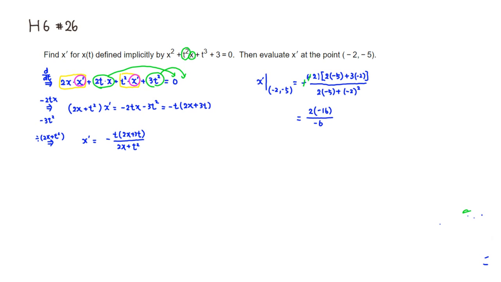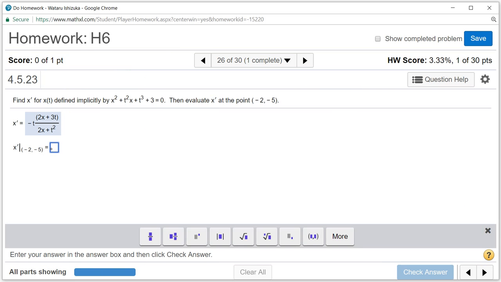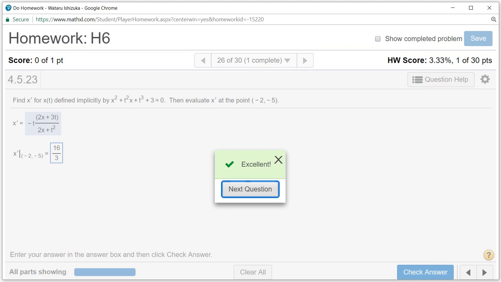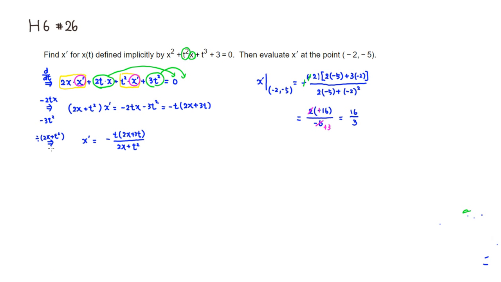Then we can simplify this. 6 and 2 have a 2 in common, so that's going to be -3 here, and there's a negative sign, so I'll cancel that with that guy. It looks like it's going to be 16 over 3. Let's type it in. We have 16 over 3. Check the answer. Got that. That's it. I hope that this was clear.